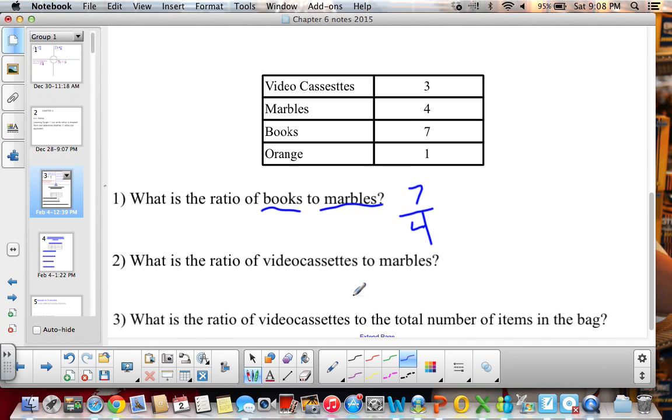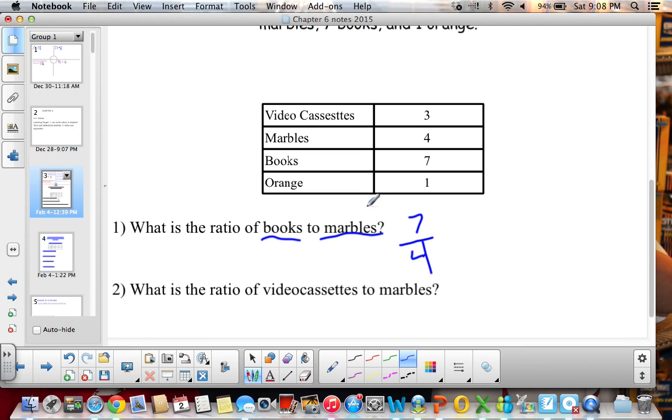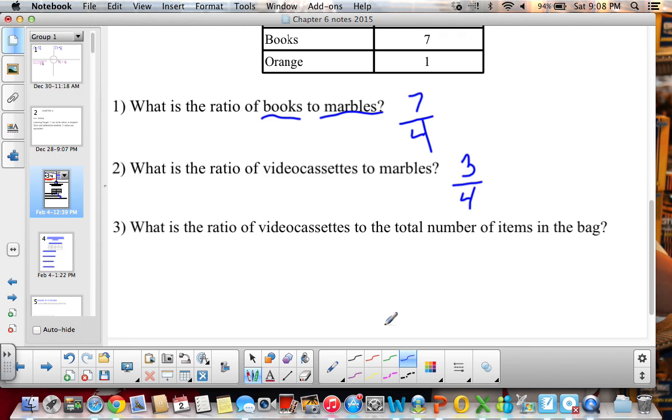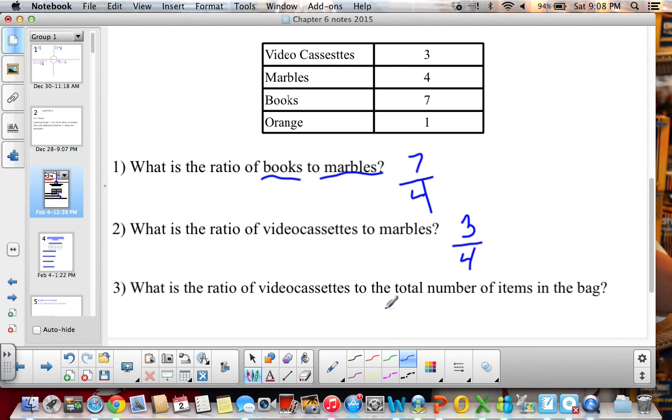Okay, the ratio of video cassettes to marbles. Video cassettes are 3, and then marbles is 4. So for every 3 video cassettes, there's 4 marbles. What is the ratio of video cassettes to the total number of items in the bag? There's 3 video cassettes, that's our first, so it goes on the top.